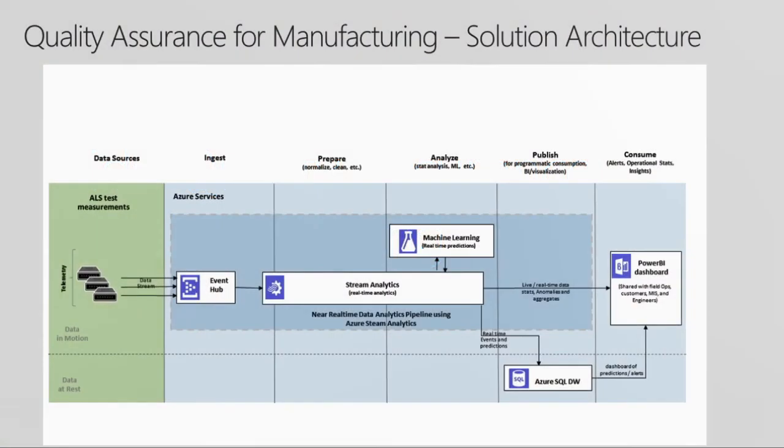So inside of quality assurance for manufacturing, I think you guys saw this slide briefly as we were looking through the stuff on AppSource. But basically, the whole idea here is you have devices on an assembly line. It is sending that data through Event Hub, through Stream Analytics, calling a machine learning algorithm that's doing the categorization, similar to what was being done in Time Series Insights with sentiment on the tweets.